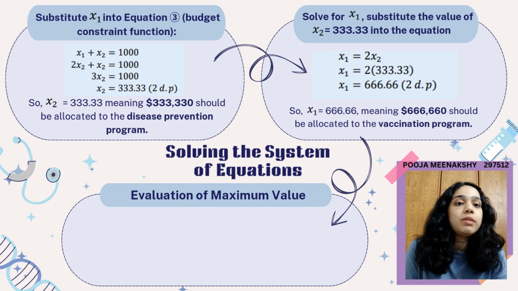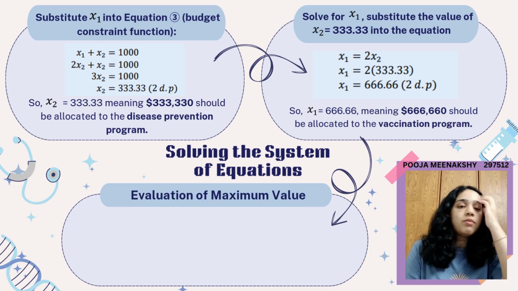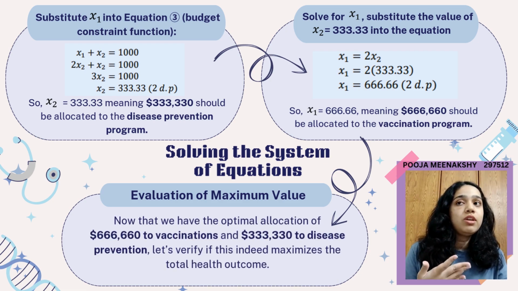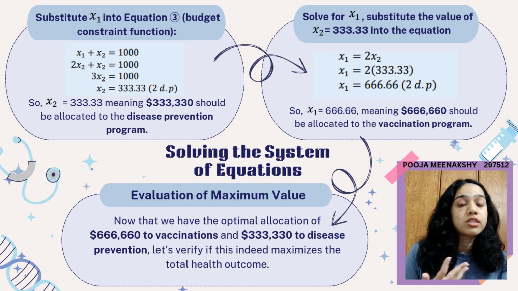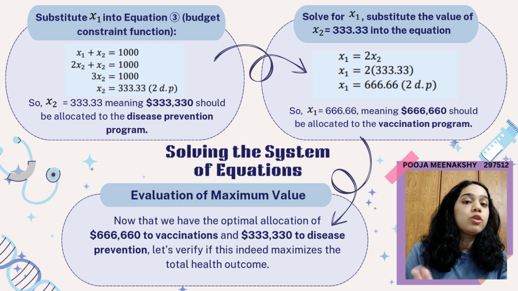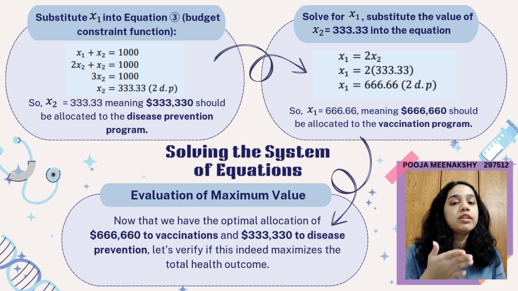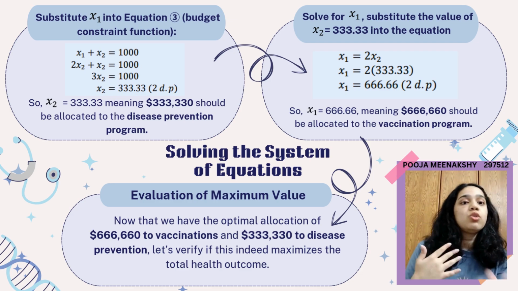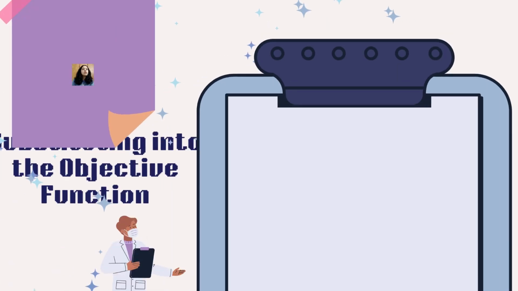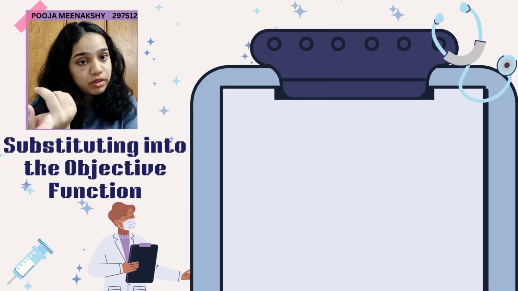And when we want to evaluate the maximum value, we want to see the optimal allocation, and we already figured out that $666,660 has been allocated to vaccination, while $333,330 has been allocated to disease prevention. So we can verify if it maximizes the total health outcome. We can do this by substituting into the objective function.